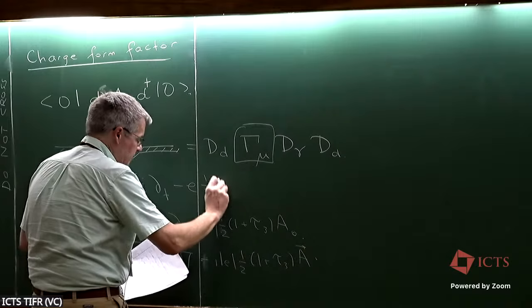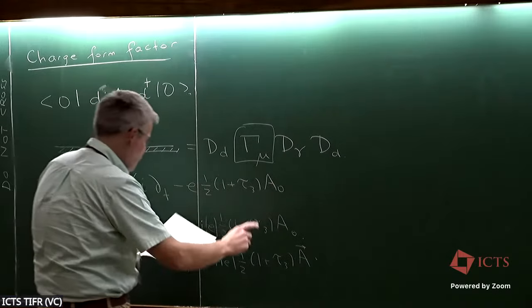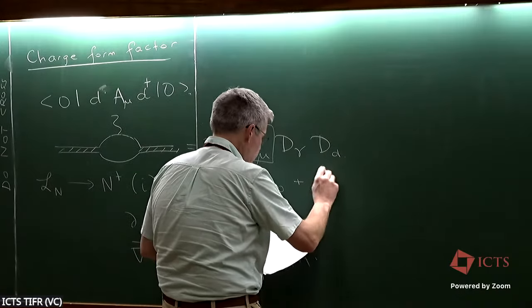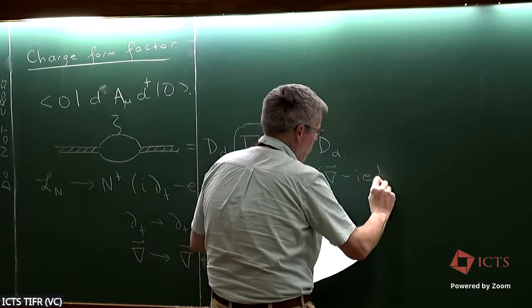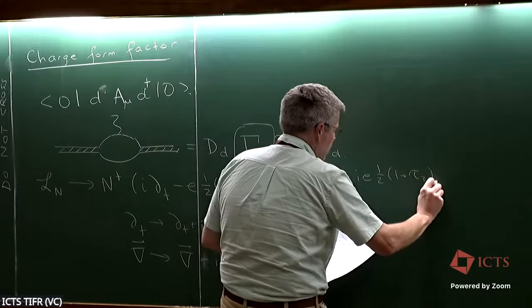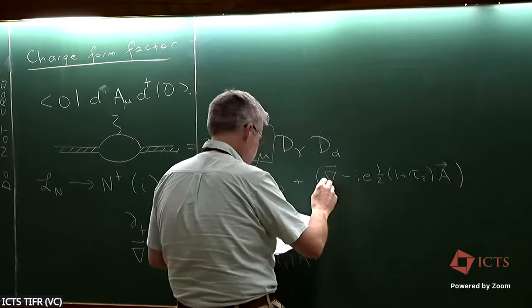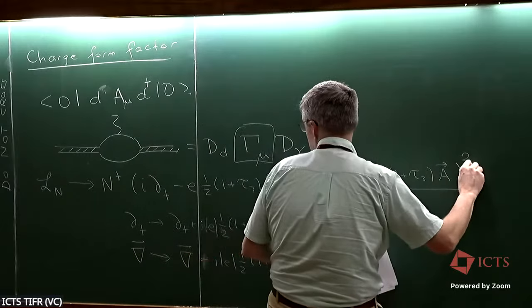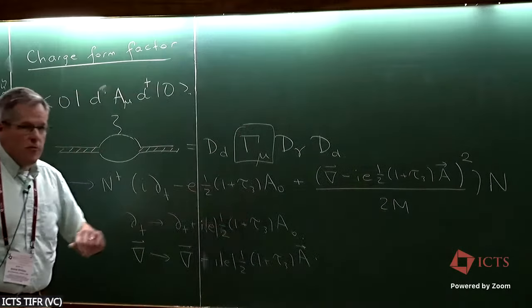Okay, so if I just substitute into the Lagrangian, now I'm going to generate a nucleon photon vertex, at least for protons. And I'm going to generate 2 types of vertices, depending on whether I'm talking about photons associated with the vector field A or photons associated with the zeroth component A0.